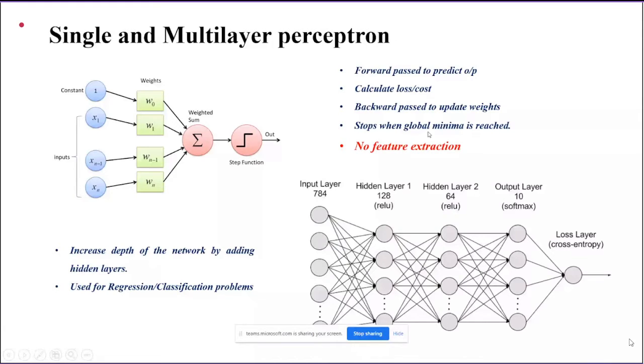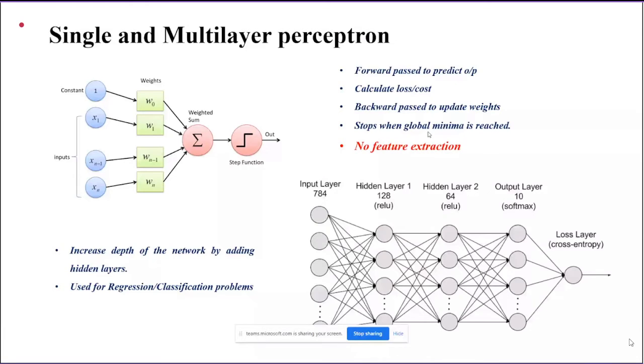At the output layer we calculate the loss, and based on the loss we follow backpropagation, where the actual weights are updated. This learning stops whenever we reach a global minimum. The important disadvantage of this artificial neural network is that we are not doing any feature extraction.